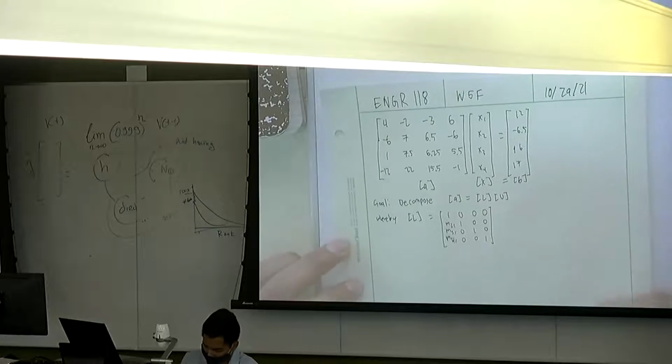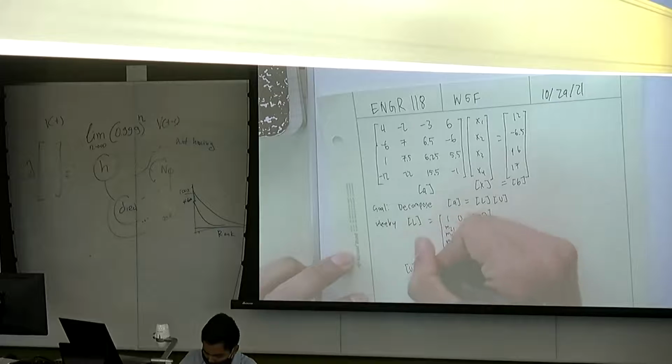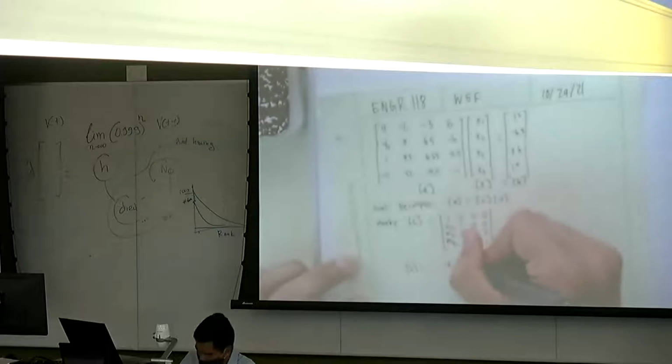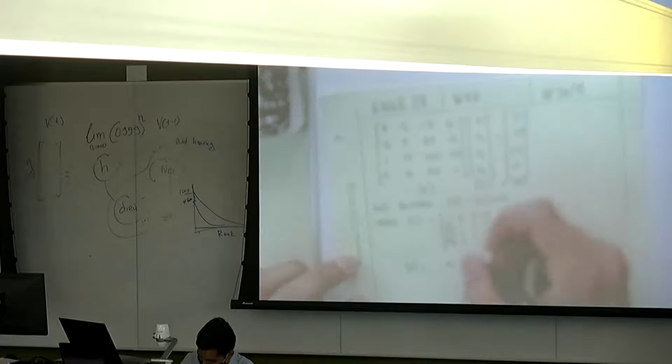All right, that's L. And U equals B upper, which is A11, A13, A14.